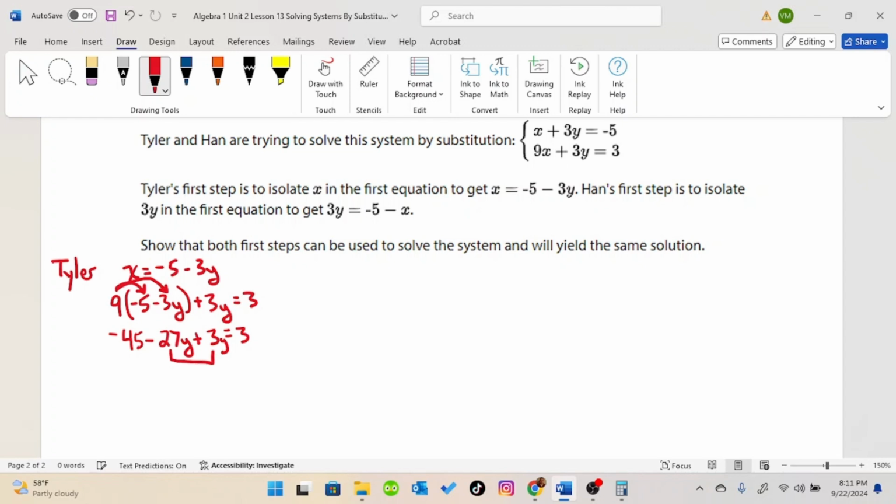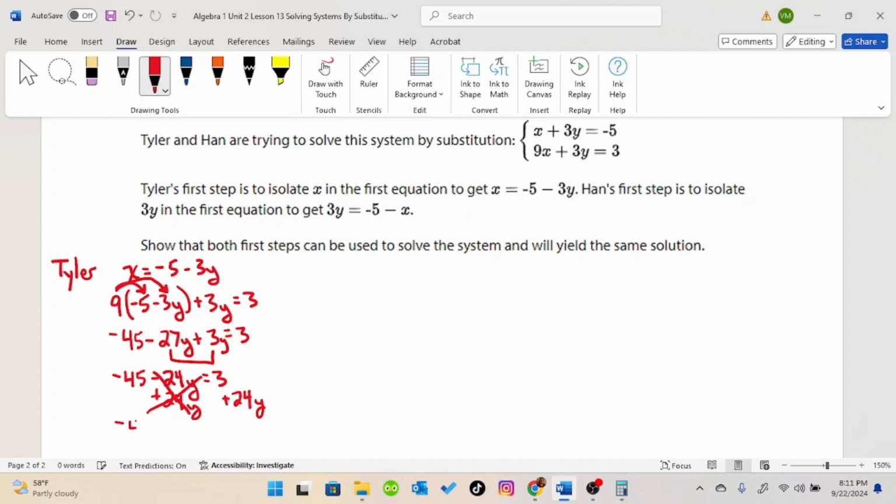We combine the y terms, and this becomes negative 45, negative 27y plus 3y equals negative 24y equals 3. Now we can add 24y to both sides, and this gets rid of it on the left.